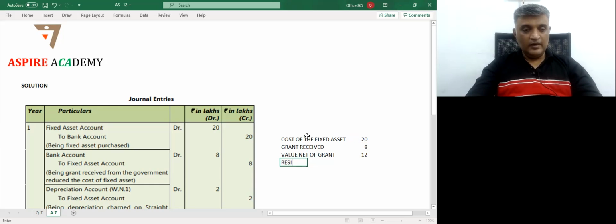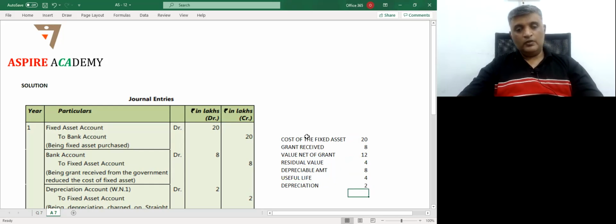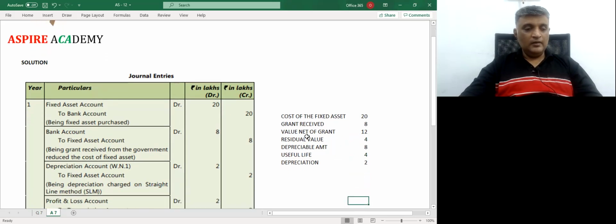What is the residual value? 4 lakhs, right? So what is the depreciable amount? It's around 8 lakhs. What is the useful life? 4 years. So what is the depreciation? It's going to be 2, right? 8 by 4.